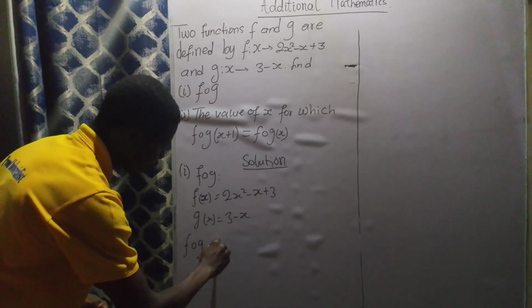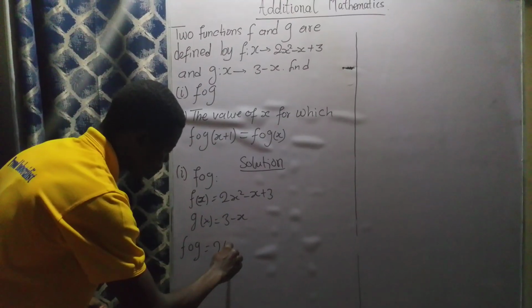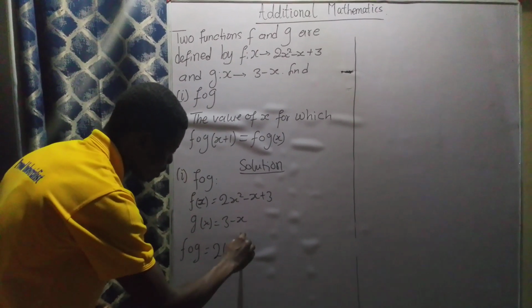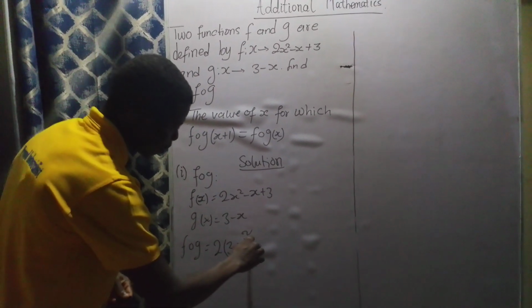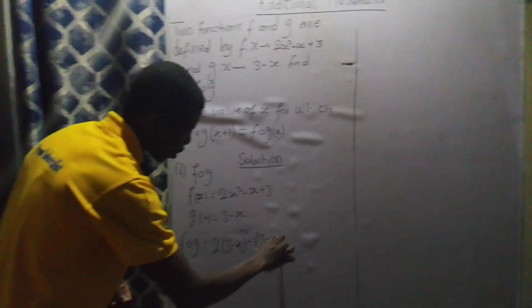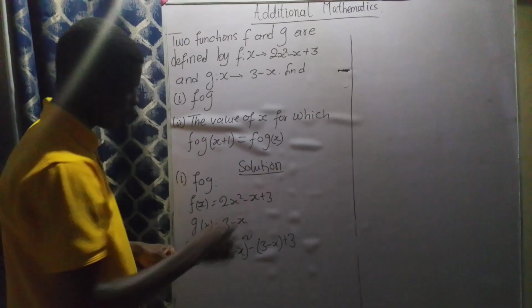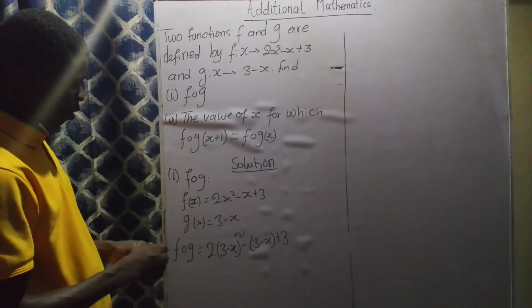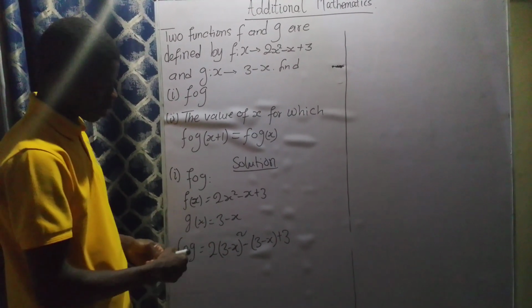We have 2 in parentheses 3 minus x, then you take the square of that, minus, in parentheses, 3 minus x, plus 3. Right from this place, we expand.